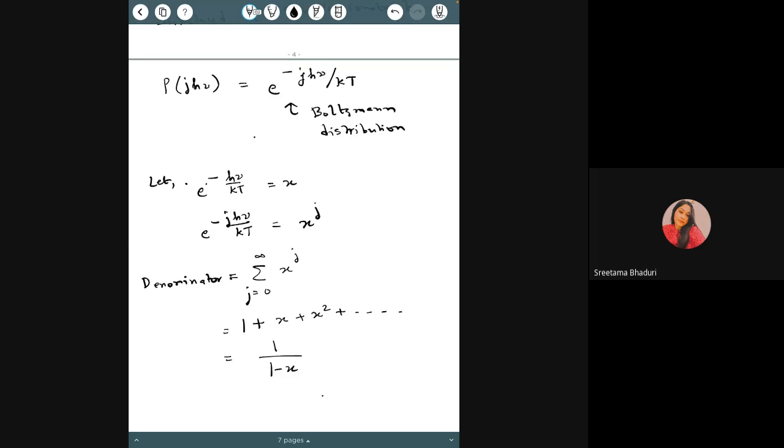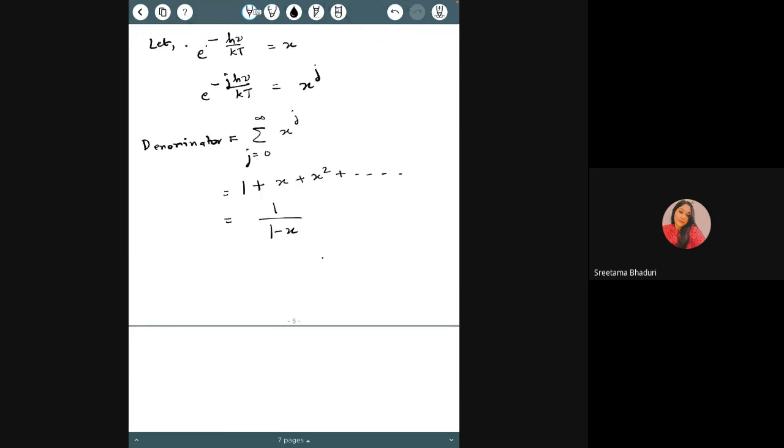Any energy which is not a multiple of h nu is excluded. Every value of j is considered. So the range of allowed energies is the same, 0 to infinity. In this range, you are excluding those energies which are not multiples of h nu.